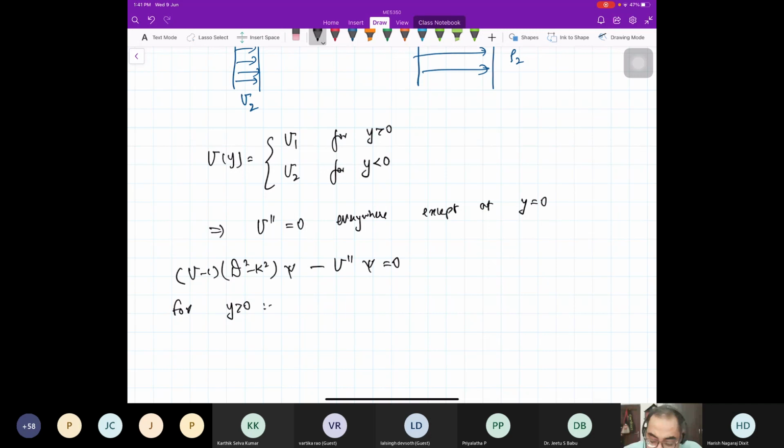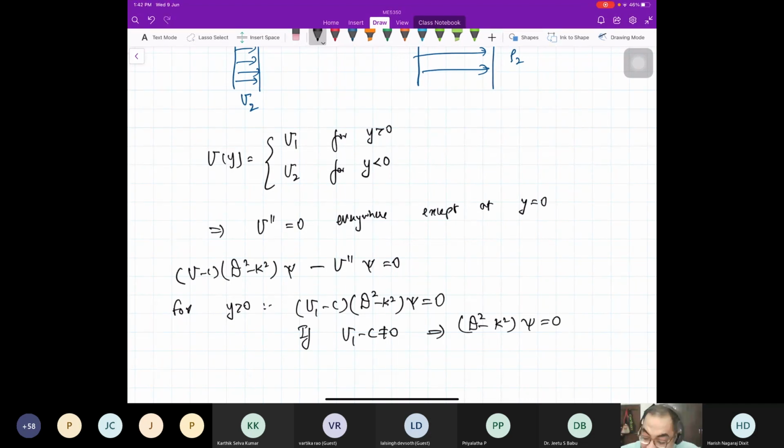u is a constant. Therefore, I have u1 minus c times d square minus k square of psi minus u double prime of psi. U double prime is 0 for y greater than 0. If u1 minus c is not equal to 0, then it means d square minus k square of psi is 0.